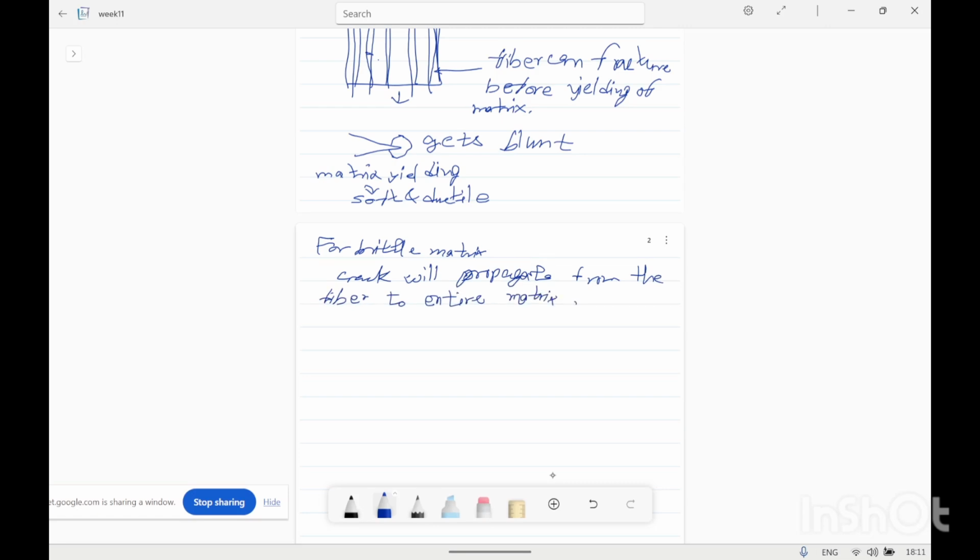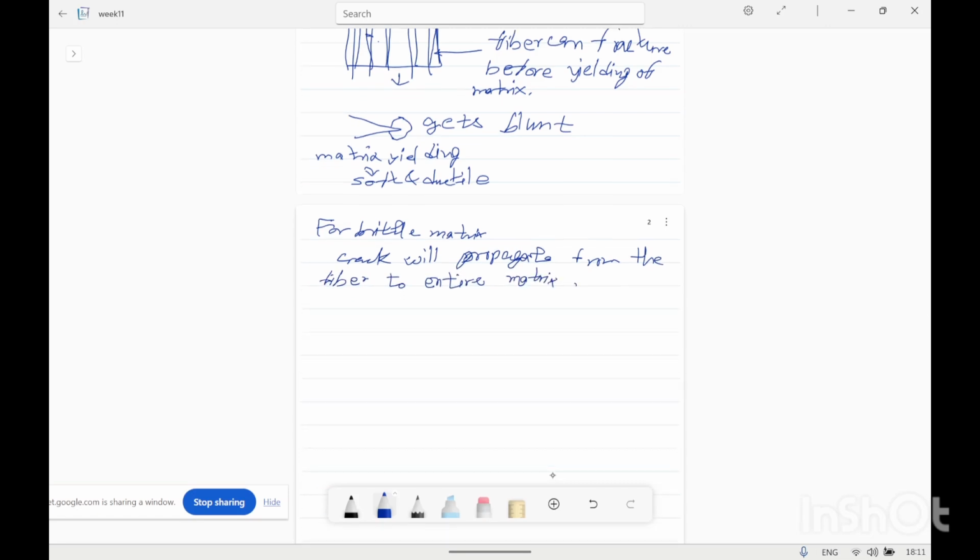So the crack propagation will be very fast in this brittle matrix composite, and it will look like this. Like these are the aligned fibers. So the crack will be shown like this. So it will propagate through the composite section.